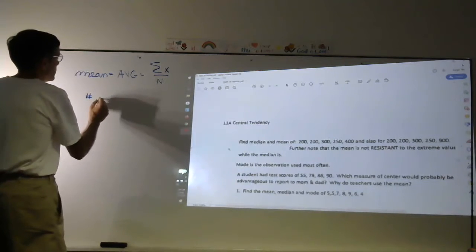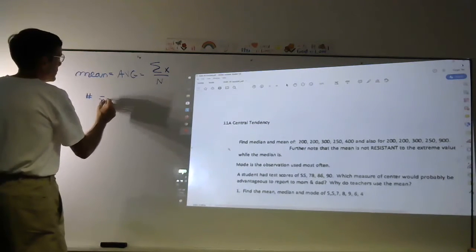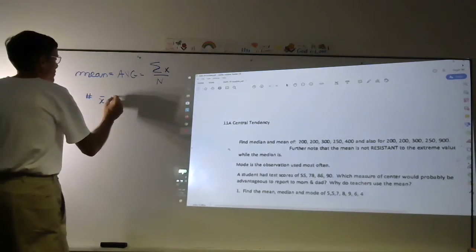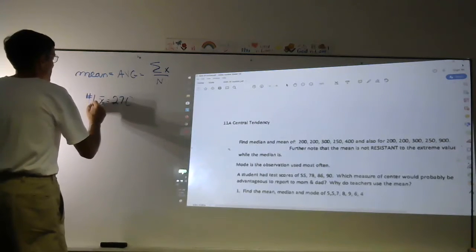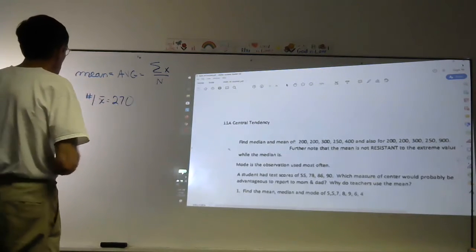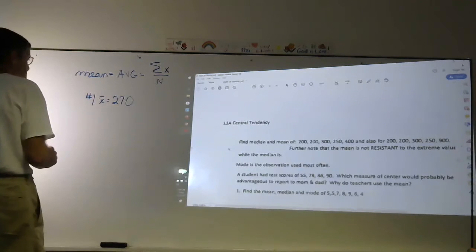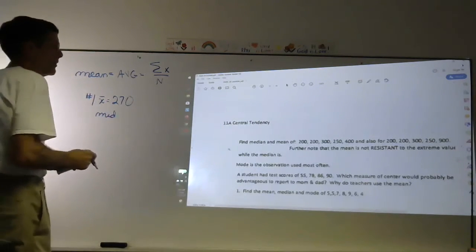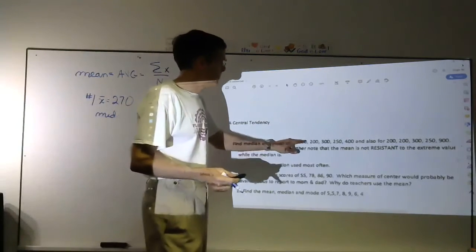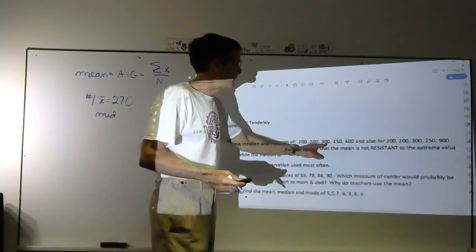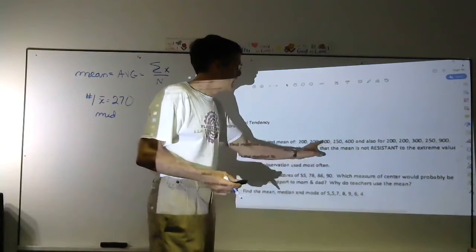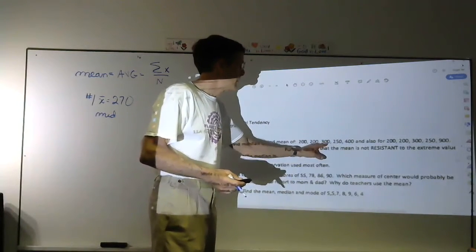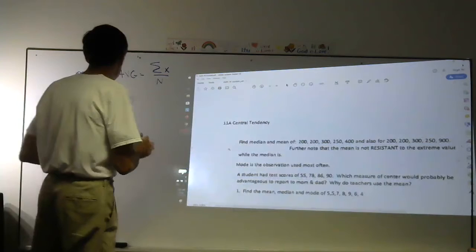So the mean, we'll call that x bar, is 270 for number 1. Okay? Now the median, as I said, is the one in the middle. All right, so if you put these in order, it would be 200, 200, 250, 300, and 400. You'd have to interchange these two, which means the 250 would be in the middle.